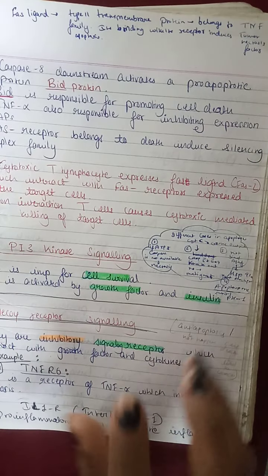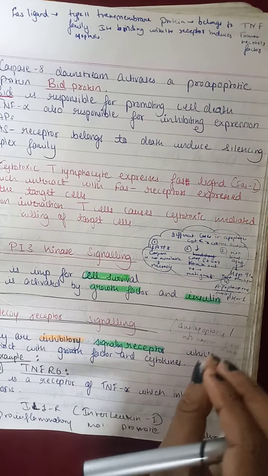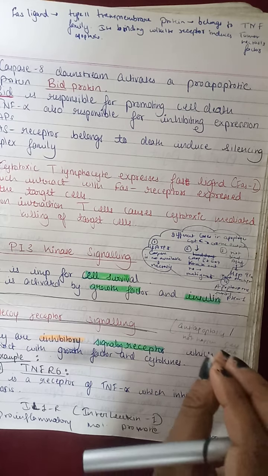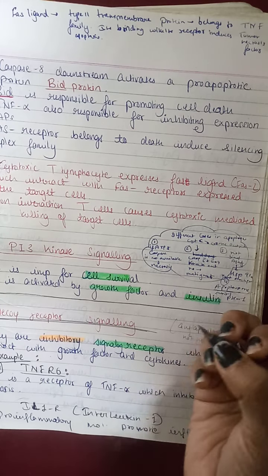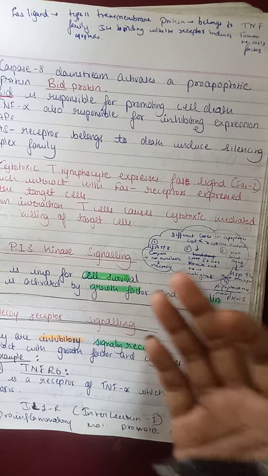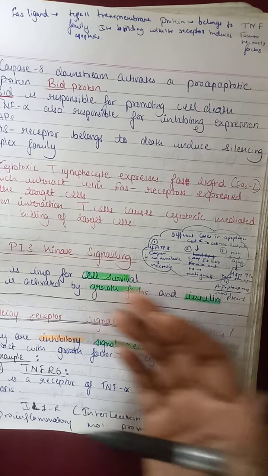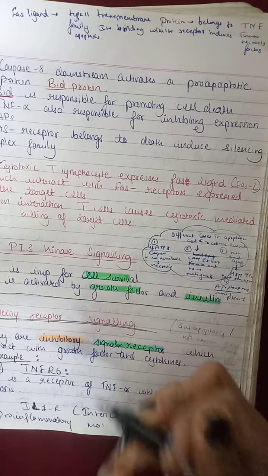Okay. So today we are going to discuss different cases in our process. Suppose if there is ATP and caspase is not available, then necrosis happens.